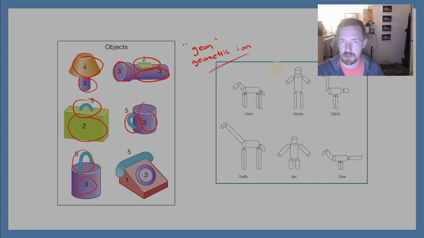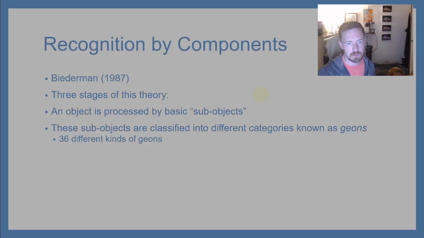We have a lot of cylinders on our body, except for my cousin Tommy, whose head is shaped like a brick, so it's not cylindrical at all. The same thing is true for horses or ostriches: we can break these really complex objects into their smaller forms.